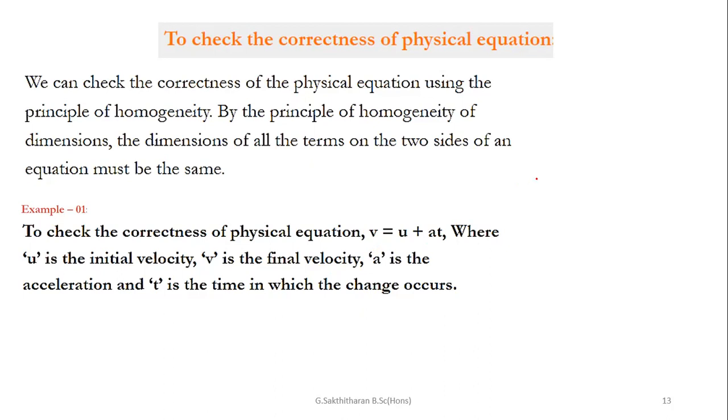Here if we want to add or subtract any physical quantities, they should be the same physical quantities. We can add mass and another mass, M1 plus M2. These are the same physical quantities, mass and mass.